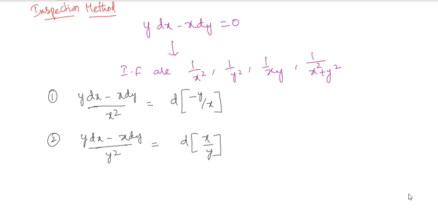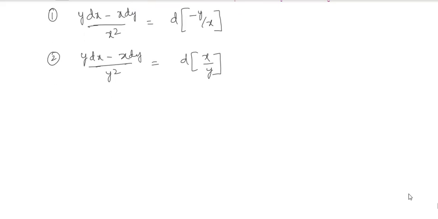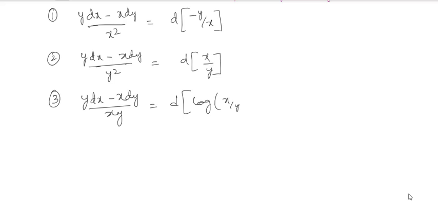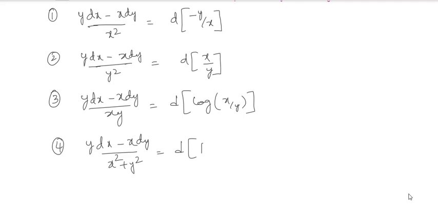This is just for knowing these criteria. Next one, y dx minus x dy divided by xy: I can represent this as the differentiation of log of x by y. Similarly, y dx minus x dy by x square plus y square is equivalent to the differentiation of tan inverse of x by y.